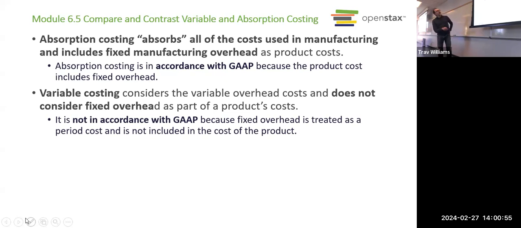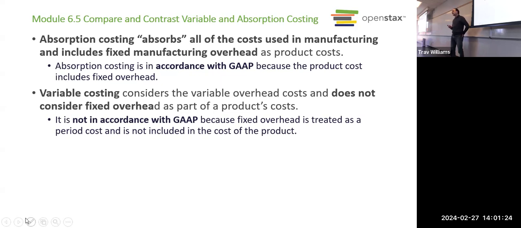Well then, absorption costing. As I mentioned, that's what we already do. The word absorption is used because we're absorbing the fixed manufacturing costs into our cost of goods. And that's what we normally do, right? Our fixed overhead costs are always part of our calculations so far.